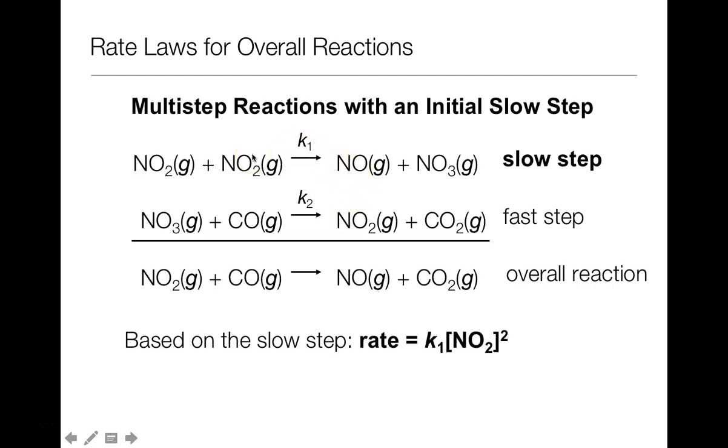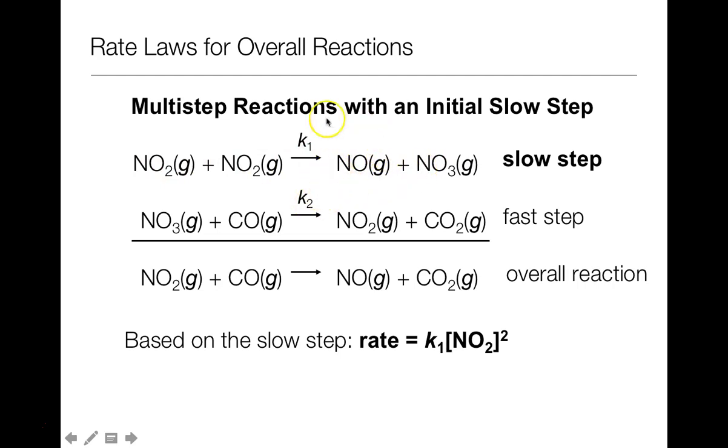Basically that K1, remember, it's related to its orientation and its activation energy, is saying that it's less likely to happen than an NO3 to successfully collide and react with the CO. So that's saying that the probability of these two colliding with the correct energy and the correct orientation to form these intermediates is much lower than this.